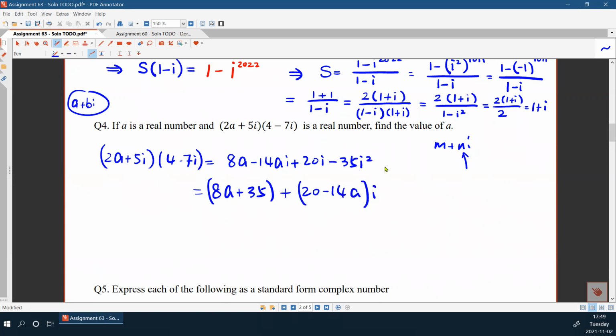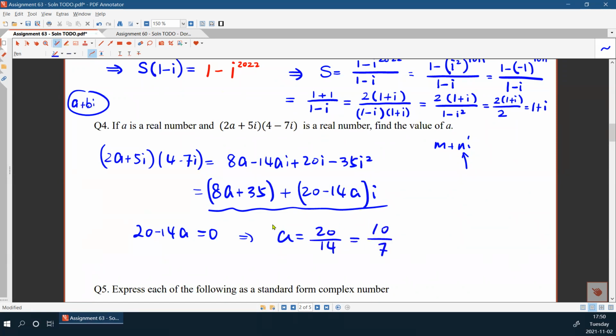So as I said, if this complex number is a real number, then the imaginary part must be 0. So that means 20 minus 14a is 0, right? So this gives us a is 20 over 14, which is 10 over 7. This is our result. Okay, a is 10 over 7.